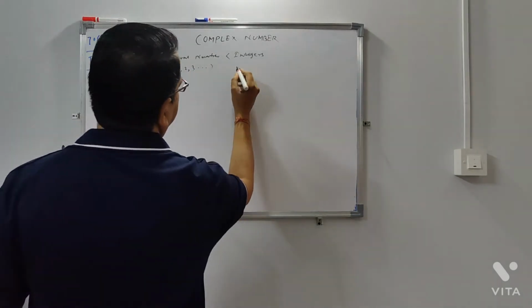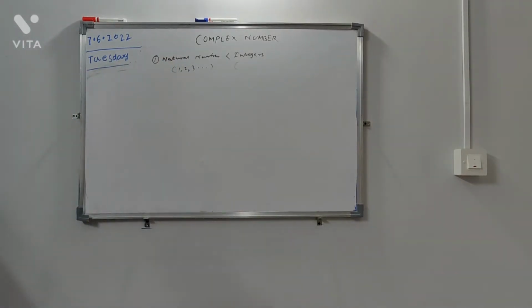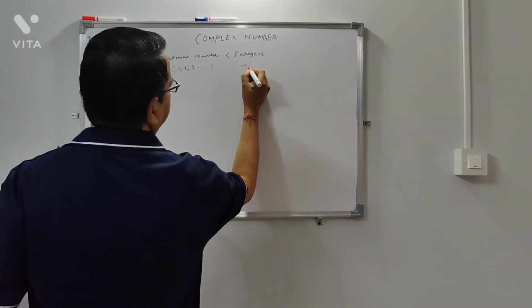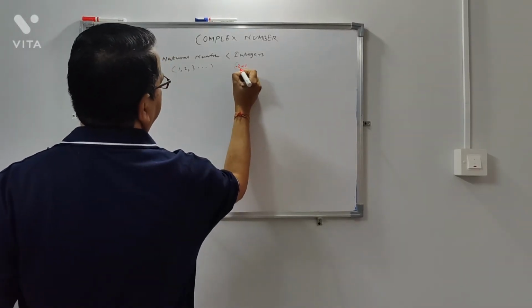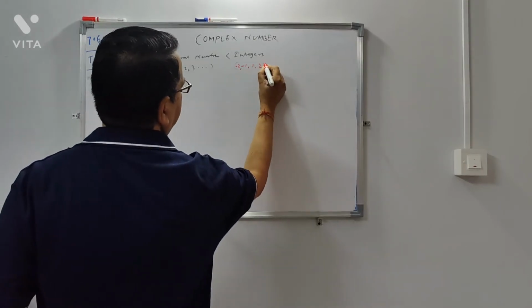Then integers: minus 1, minus 2, 1, 2. So these are all integers.